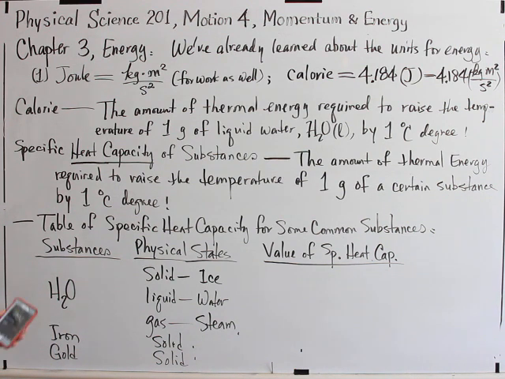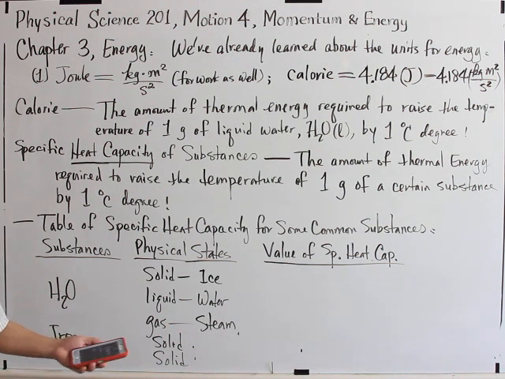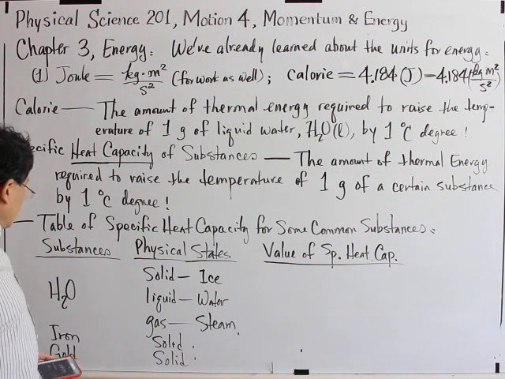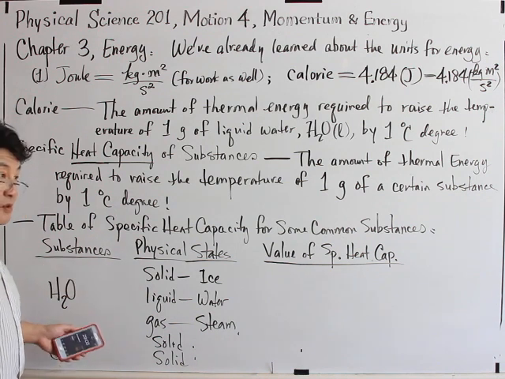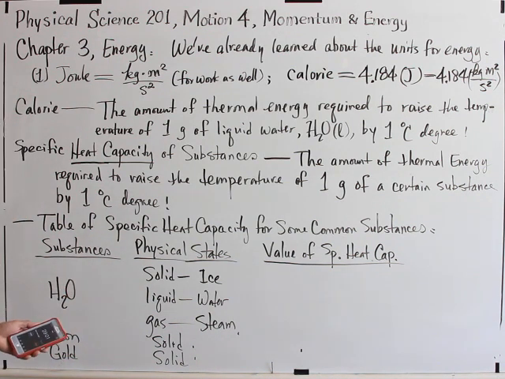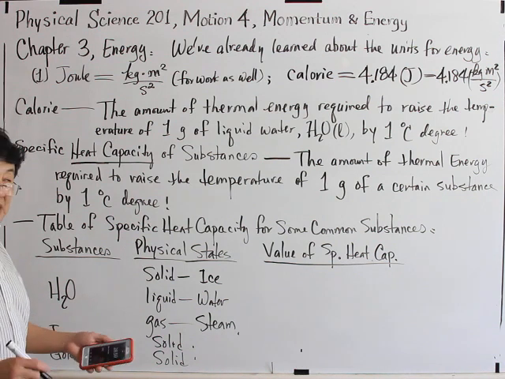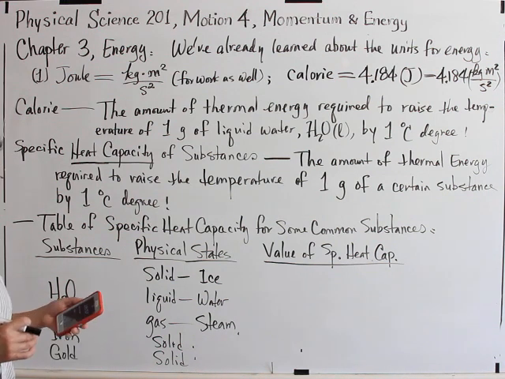Now we only list 3 different substances. One is water, one is iron, the cheap metal, one is gold, expensive metal, right? Precious metal. Now, for every one of those 3, they all can have 3 physical states: solid, liquid, and gas.